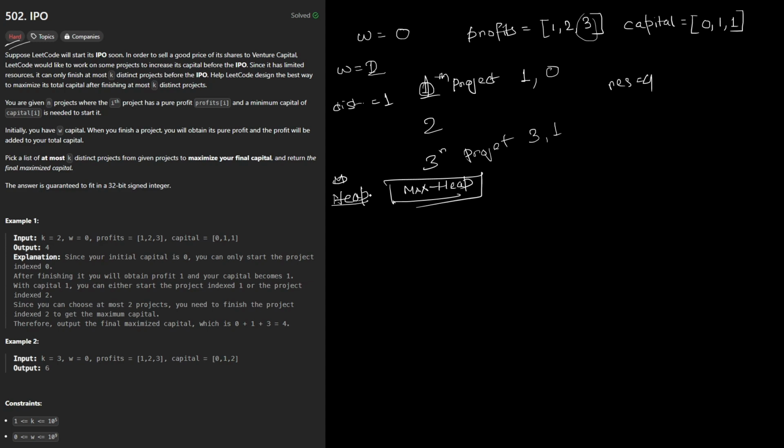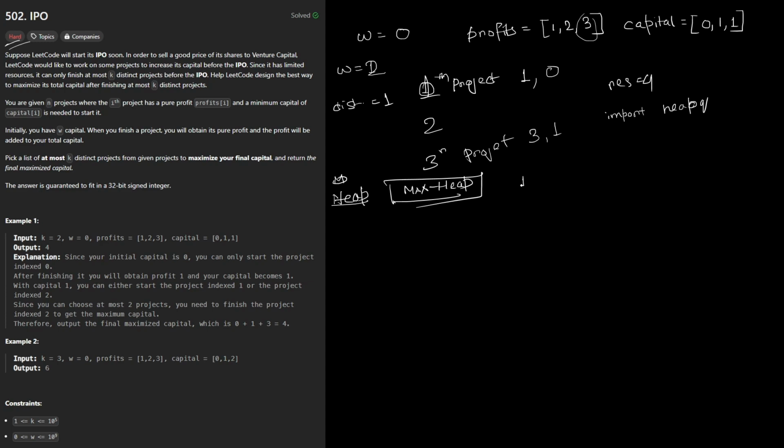One query that might come to mind is that if I import heapq, it helps me to create a min heap. How will I create a max heap? The basic idea is pretty straightforward.